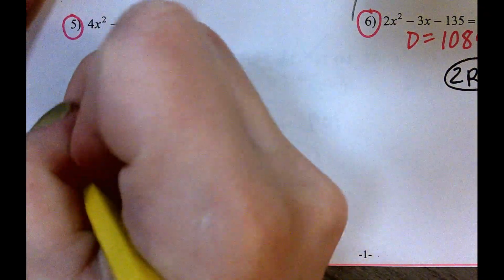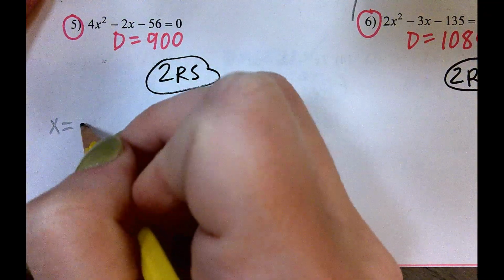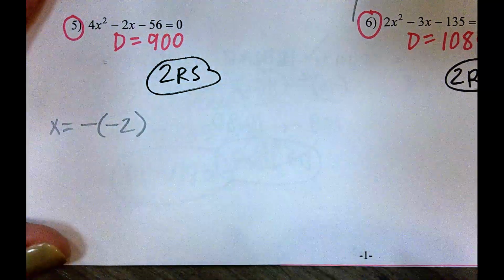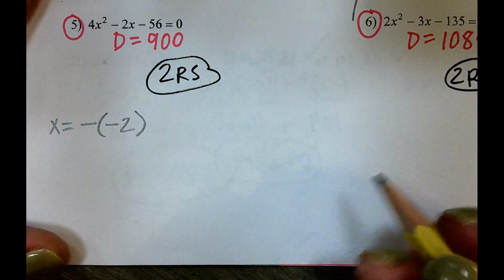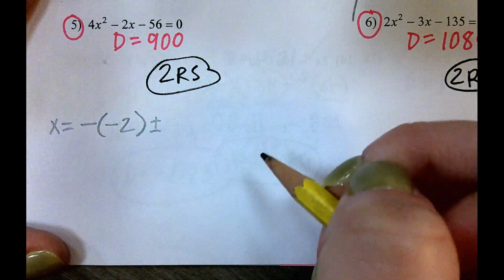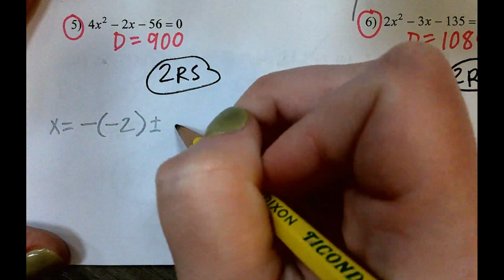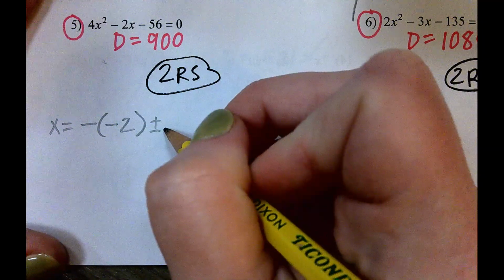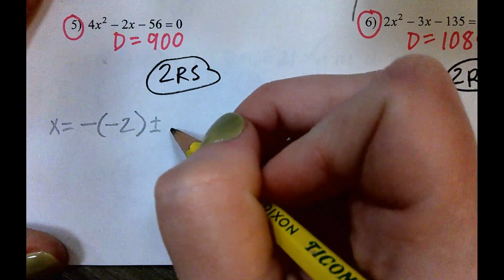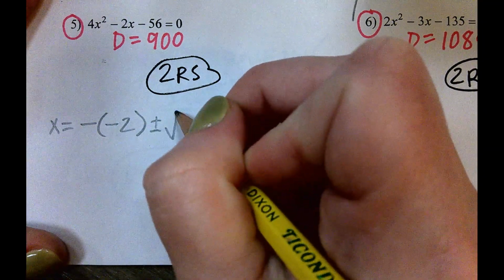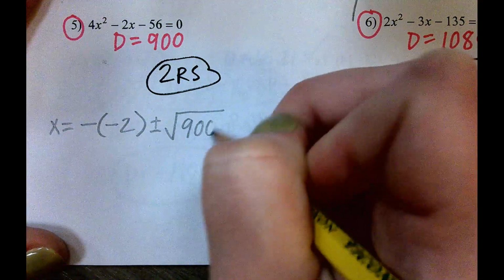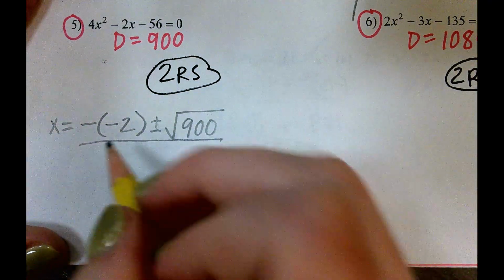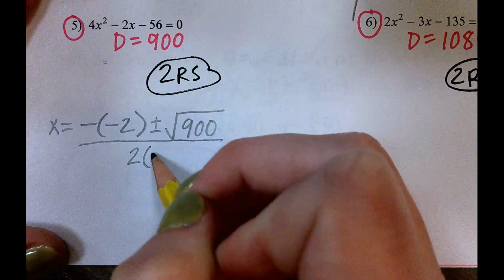X equals negative, and parentheses negative 2. Good. Plus or minus the square root of 900, over 2 parentheses 4.